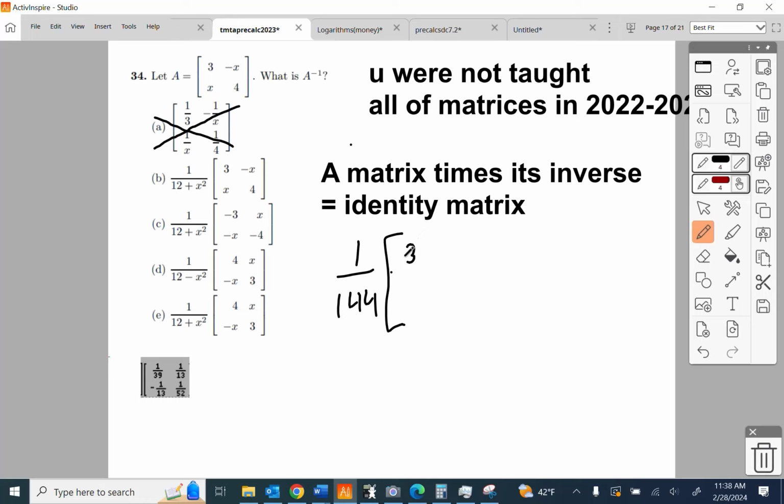So 3, this would be -12, 12, 4. Let's see if we get this result.